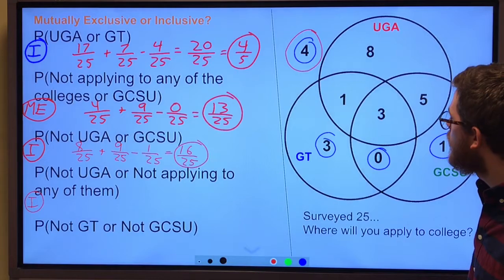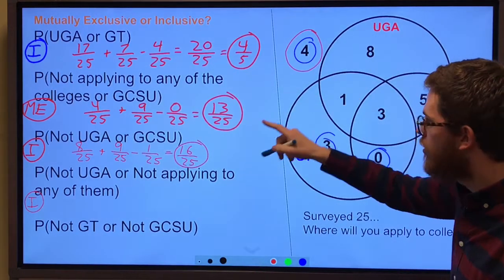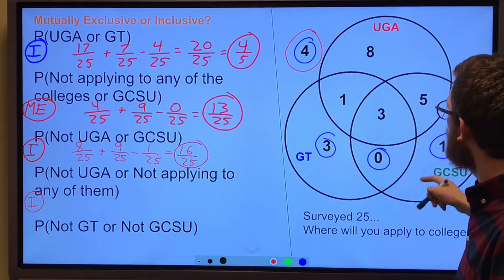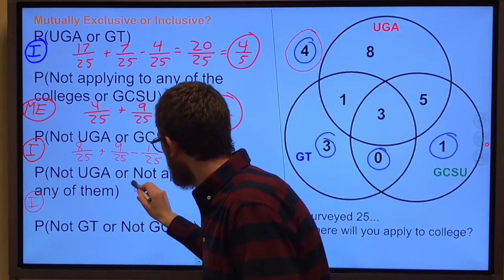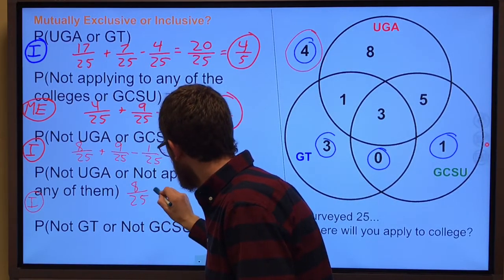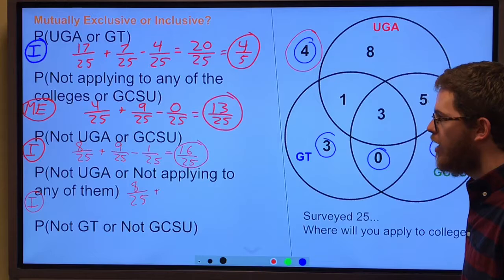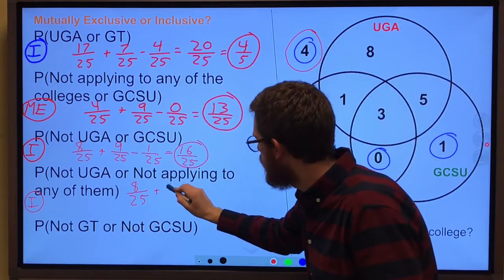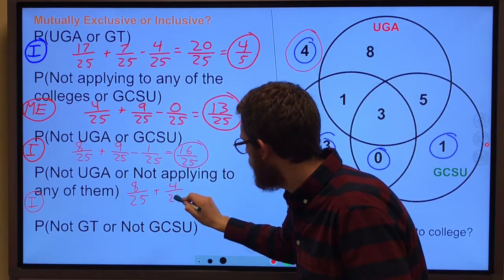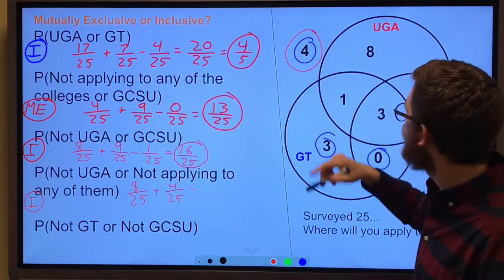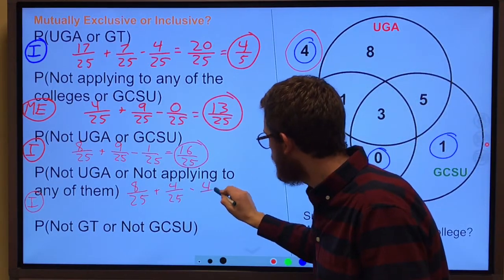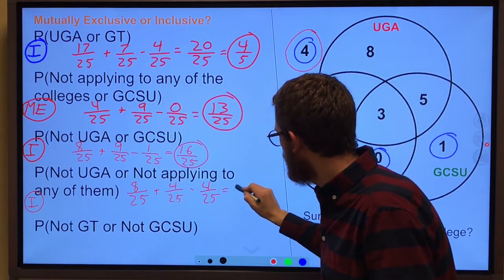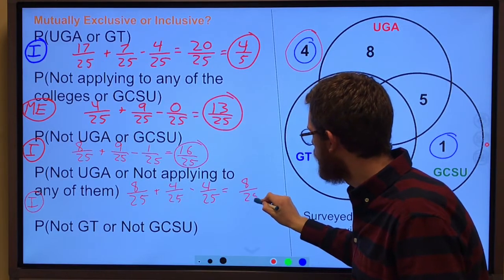And so to find the probability of this, we find the probability of not UGA, 4, 3, 1, that's 8 out of 25. We add it to the probability of not applying to any of them, which is just 4 out of 25. We subtract away the overlap, which is 4 out of 25. And we're left with 8 out of 25.